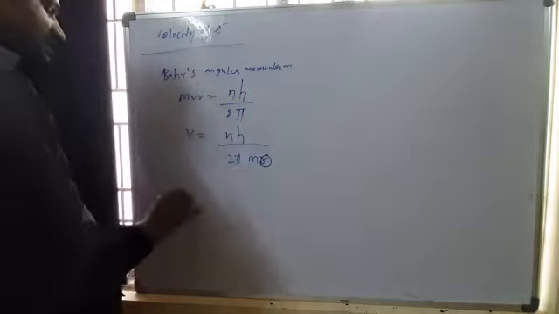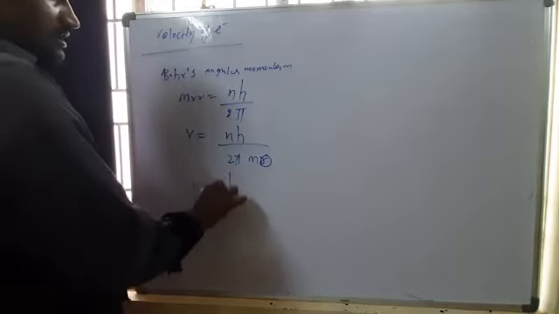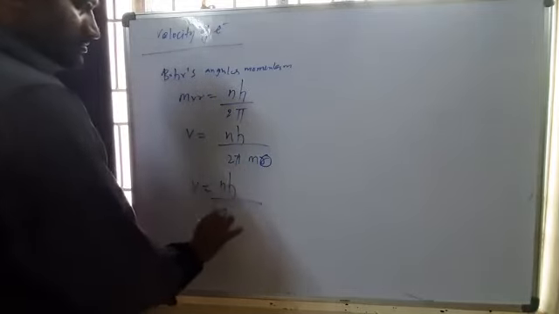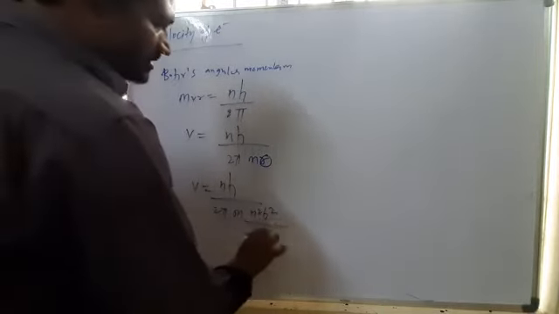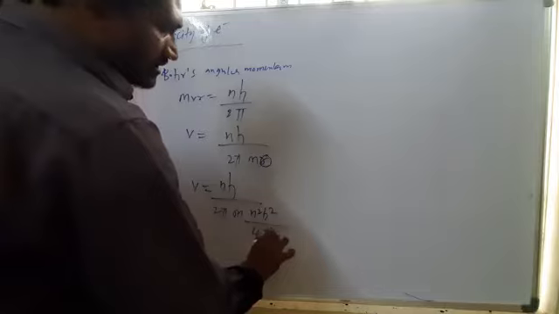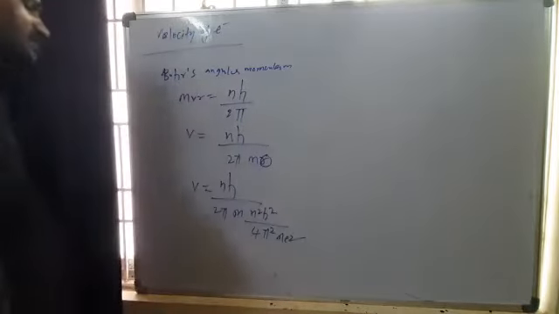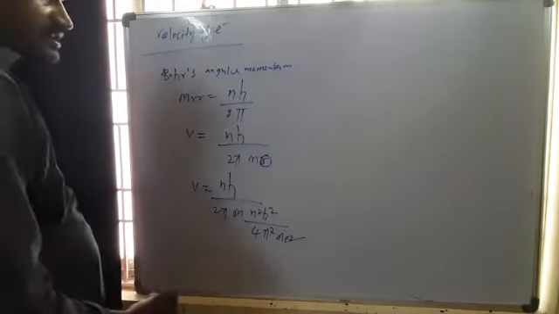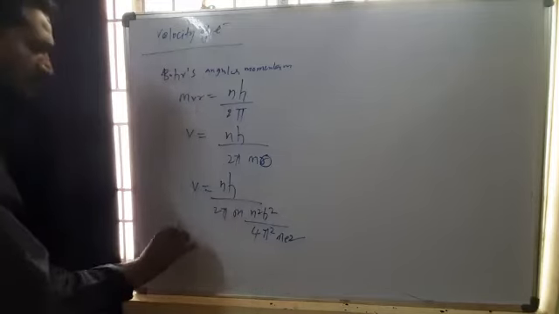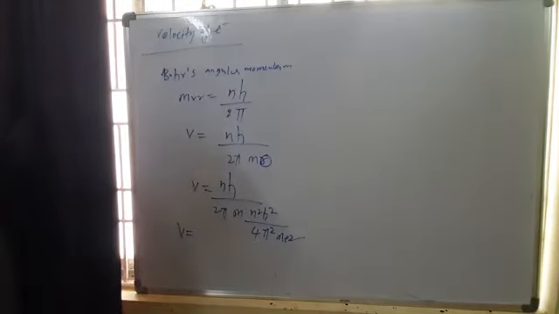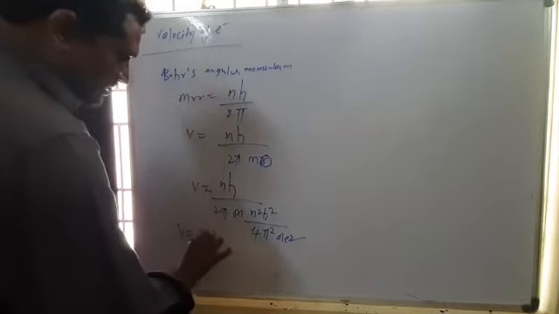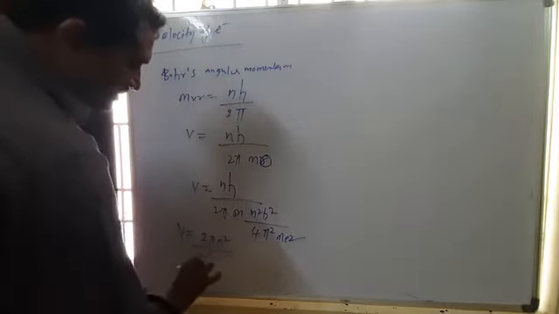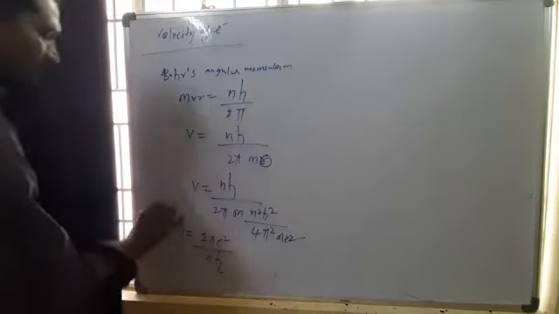Substituting the r value and simplifying, finally we get velocity v equals 2 pi e square by nh.